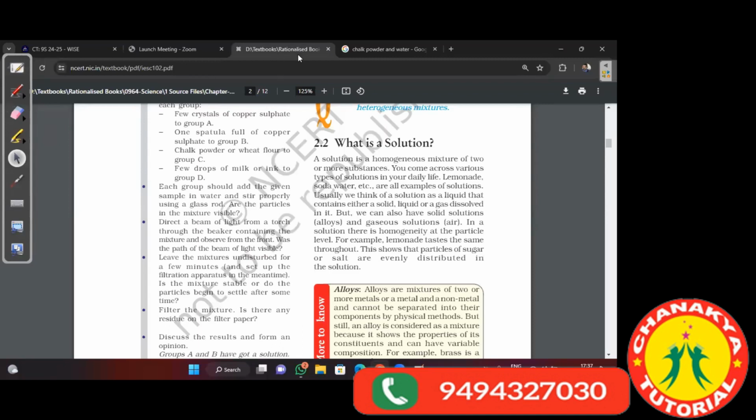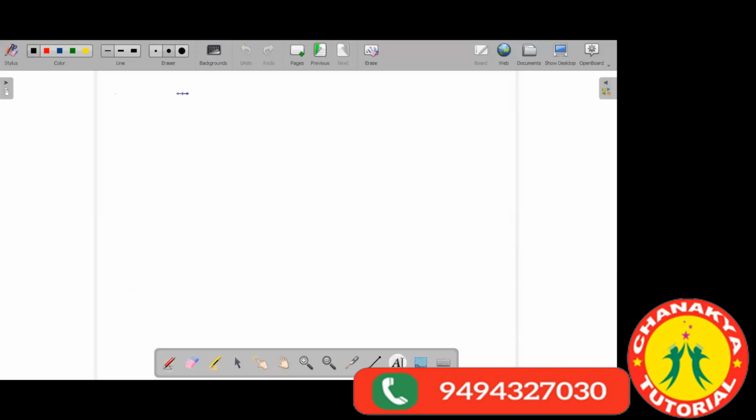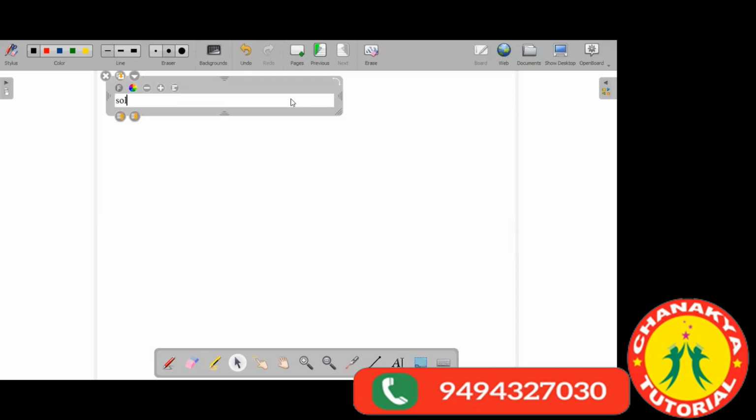So the next word we defined is a solution. And remember what you mean by a substance. A solution is a homogeneous mixture of two or more substances.